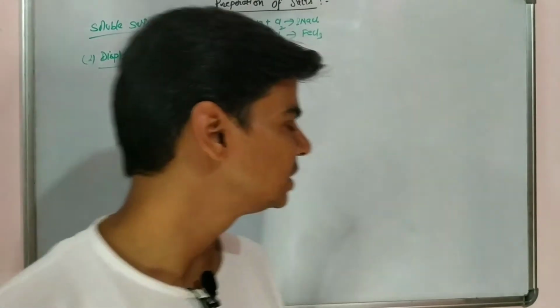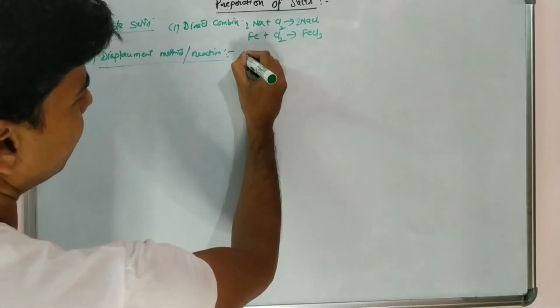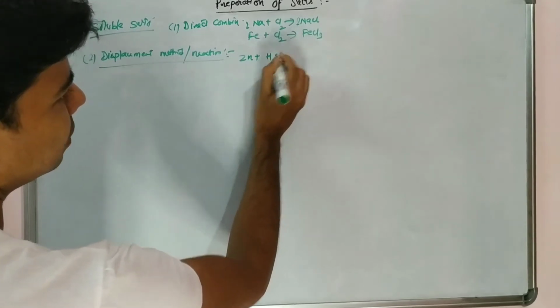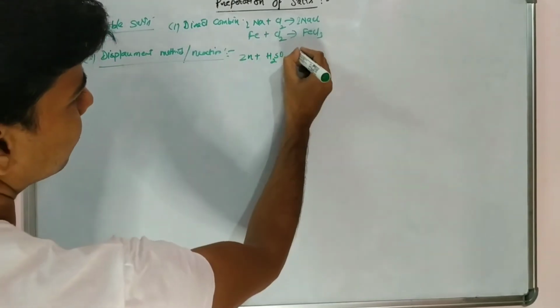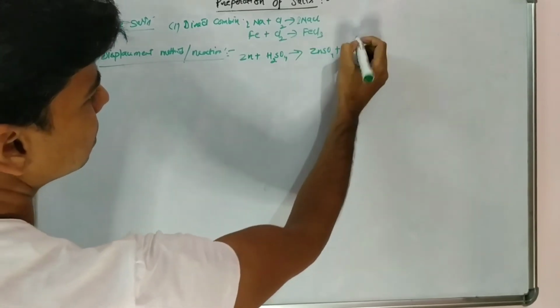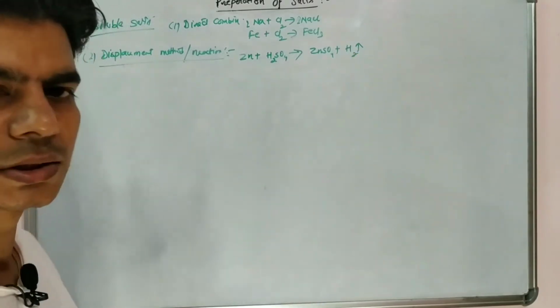Let's see how it happens. If we take an example of zinc reacting with dilute sulfuric acid, it will form zinc sulfate plus hydrogen gas would be released.